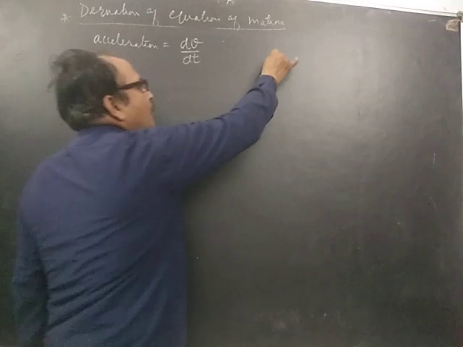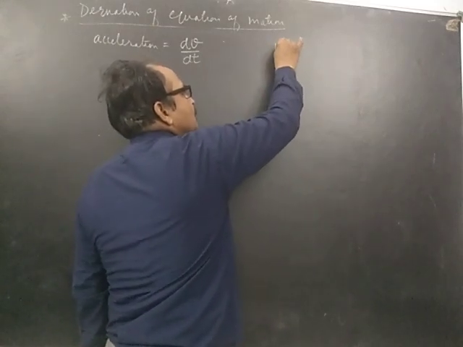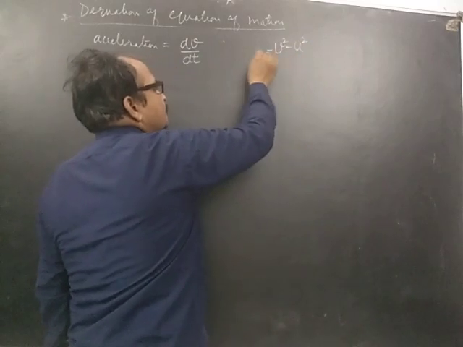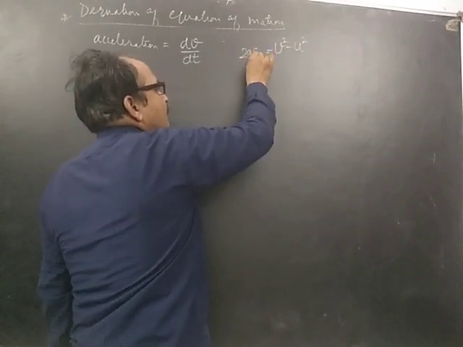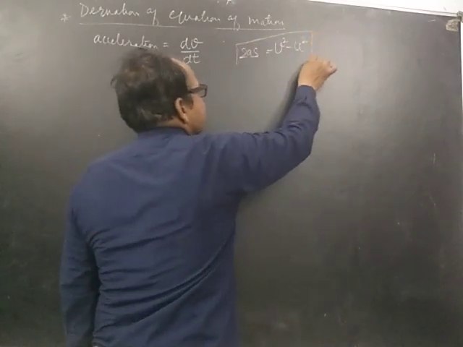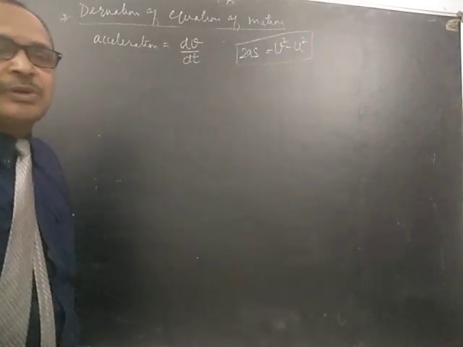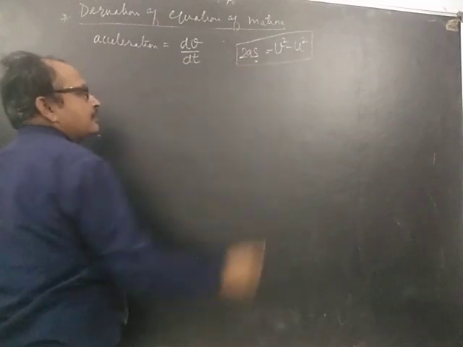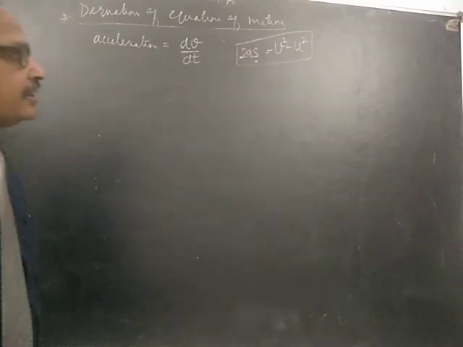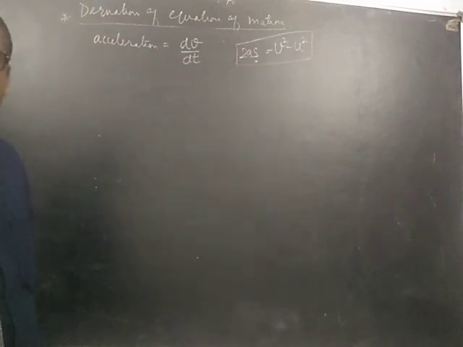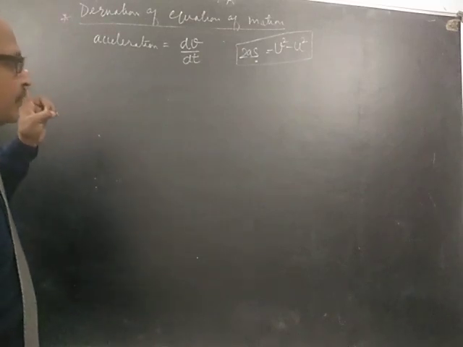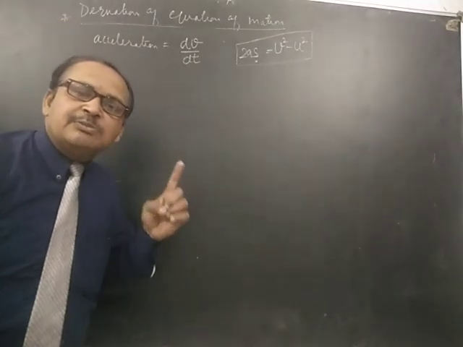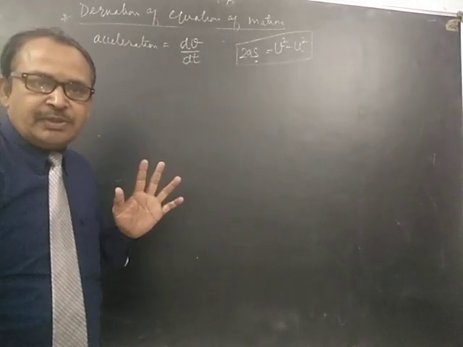But when we talk about the third equation of motion, which is v square minus u square is equal to 2as, you can clearly see that we talk about displacement or distance also. And in our calculus, the distance or the displacement we use in terms of x.